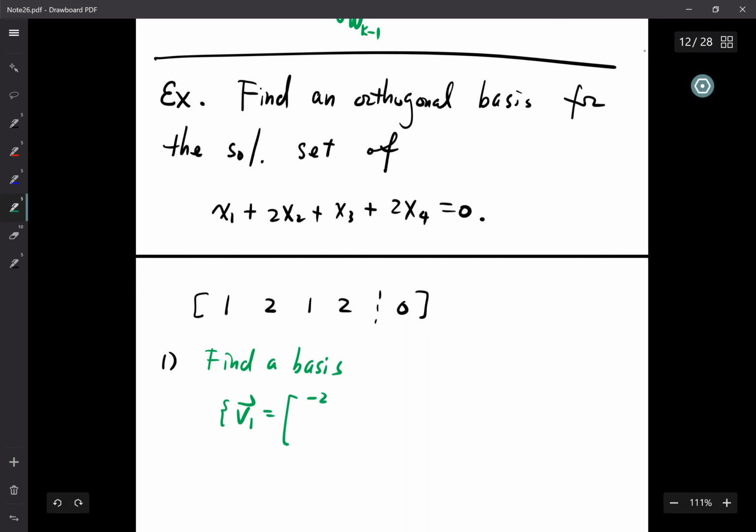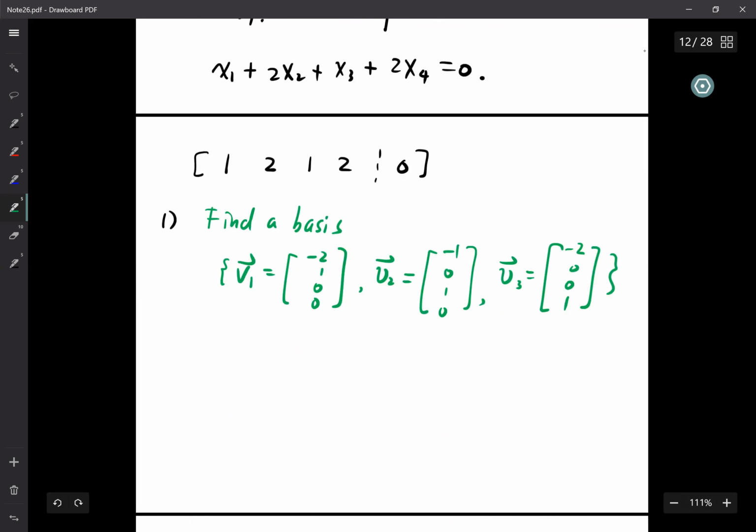There are 3 free variables, so I need to find 3 vectors. One is V1 equals -2, 1, 0, 0. The second is V2 equals -1, 0, 1, 0. V3 is -2, 0, 0, 1. So I just find a basis, and you can check that they indeed satisfy the equation.